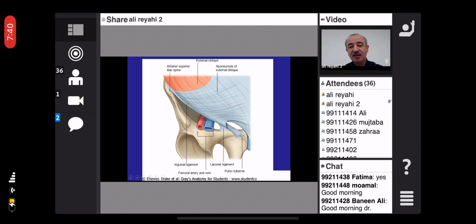Pubic tubercle of the pubis. Okay. Part of the inguinal ligament in this picture.